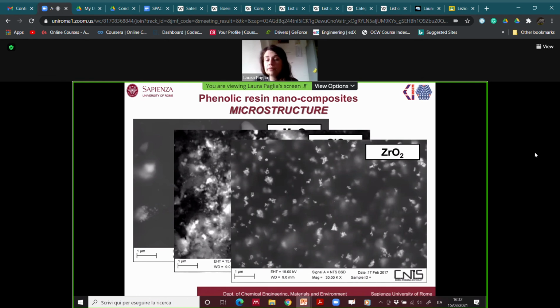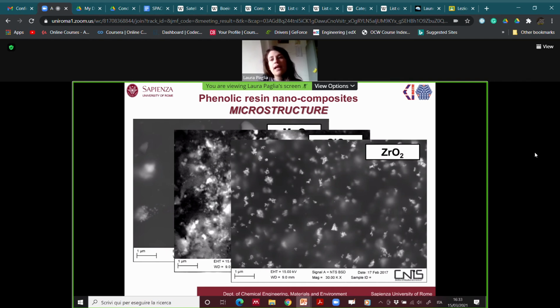Then this is the distribution of the zirconia. All these micrographs were taken at the same magnification in order to understand the distribution of the nanoparticles. So we can say that obviously also the different nature of the nanoparticles can influence the performance of the material, but we are quite confident that the difference is in the distribution of the nanoparticles.